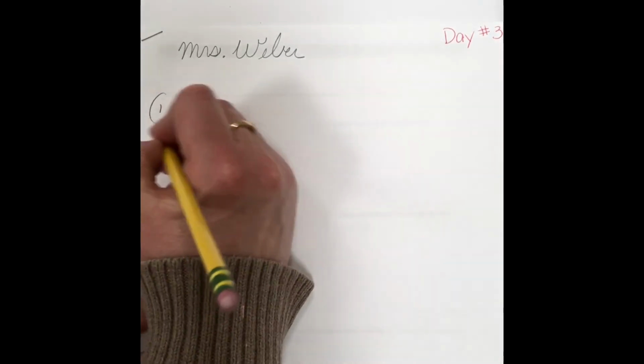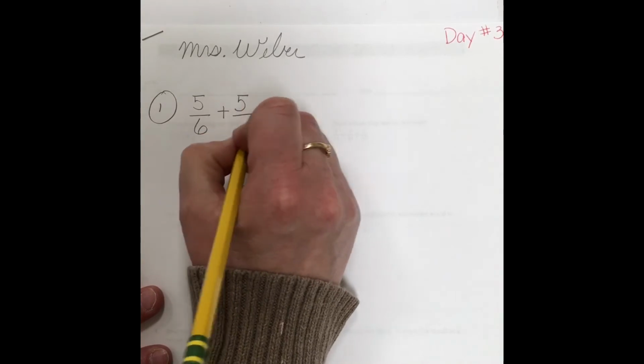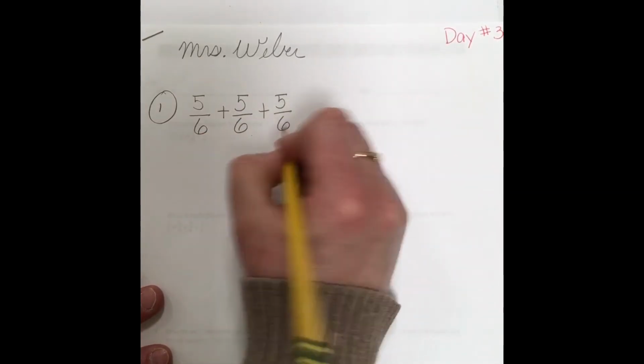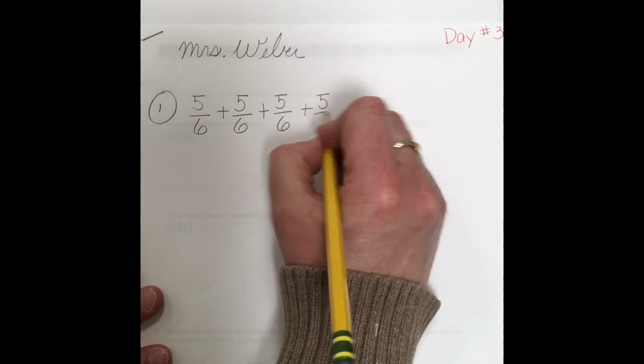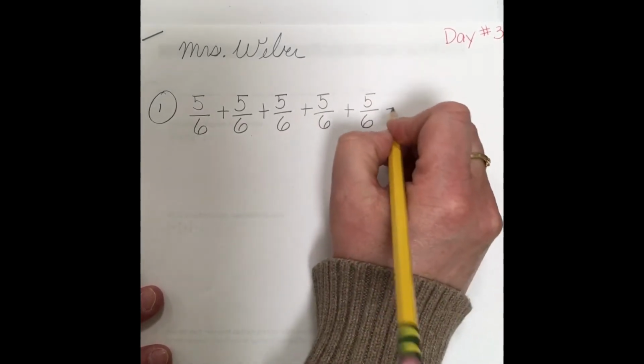All right, so first we're going to do repeated addition, number 1. So let's say that we have 5/6 plus 5/6 plus 5/6 plus 5/6 plus 5/6 equals.